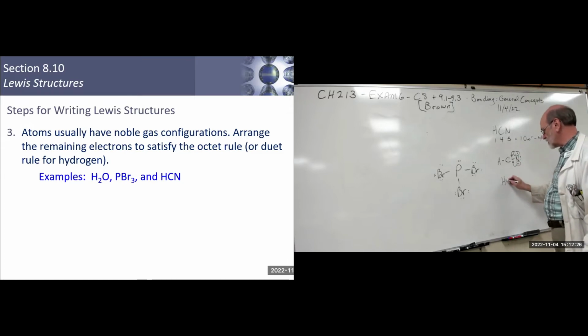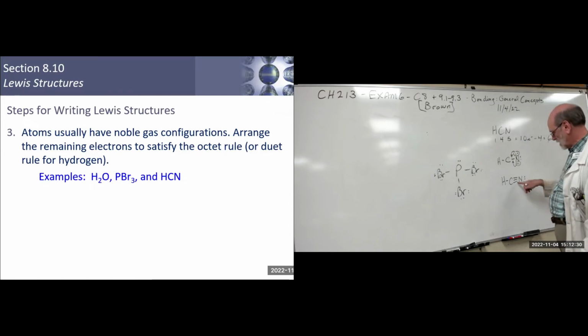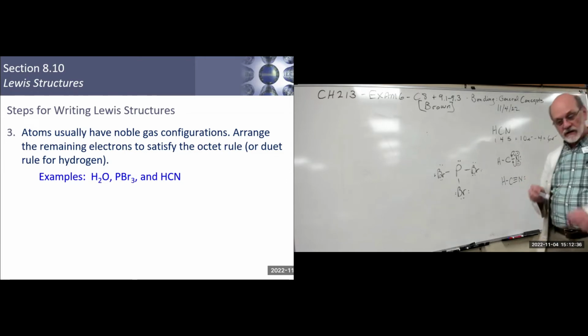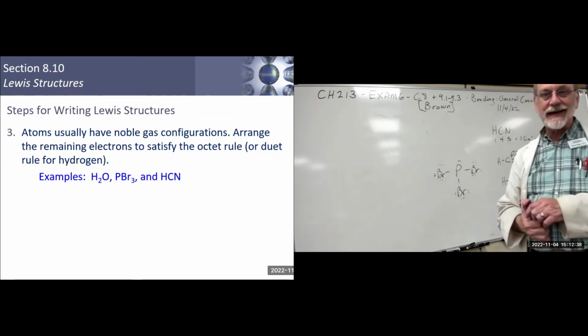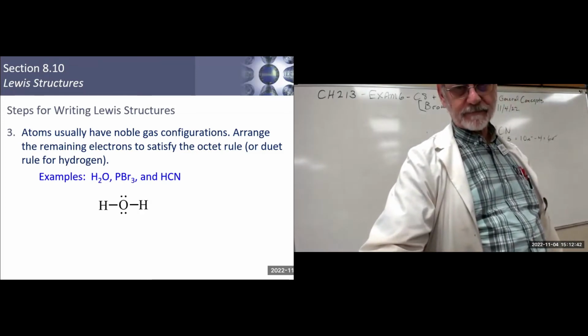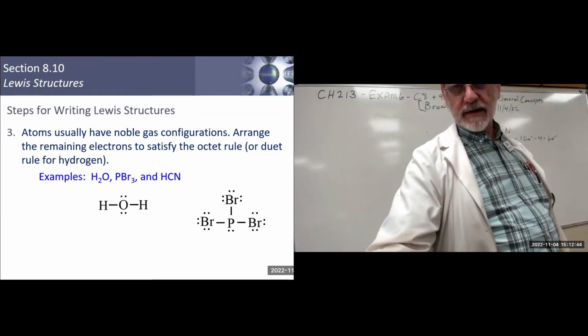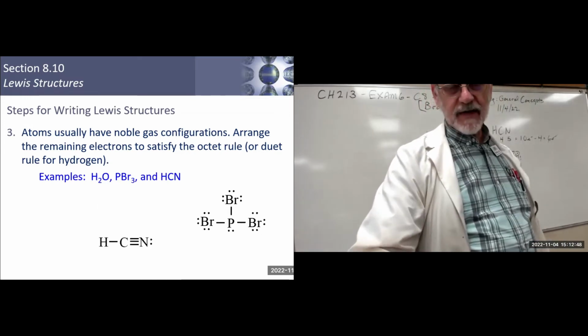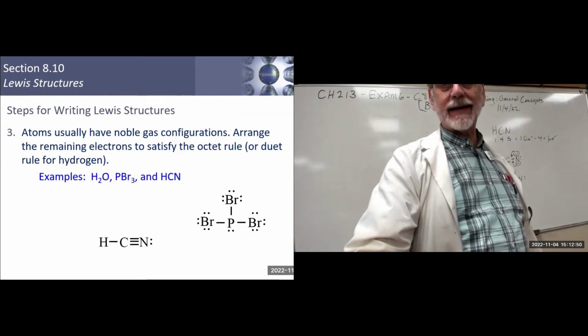Now you have this, right? 2, 4, 6, 8, 2, 4, 6, 8, 2. That's a valid Lewis dot structure for hydrogen cyanide. Okay, there's our water. There's our phosphorus tribromide. And there's our hydrogen cyanide.